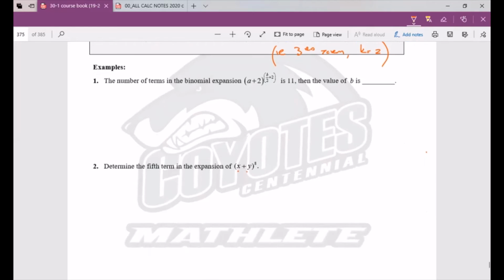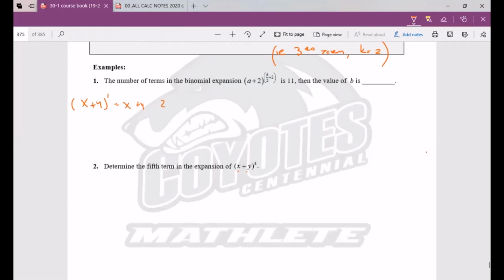All right, so let's go through a few of these examples. Number of terms in the binomial expansion, a plus 2 to the b halves plus 2. Wow, there's a lot going on in there. But the number of terms, how many terms do we have? We have 11. Then what's our value of b? Well, if we go back to what we know, x plus y to the 1 is just x plus y.